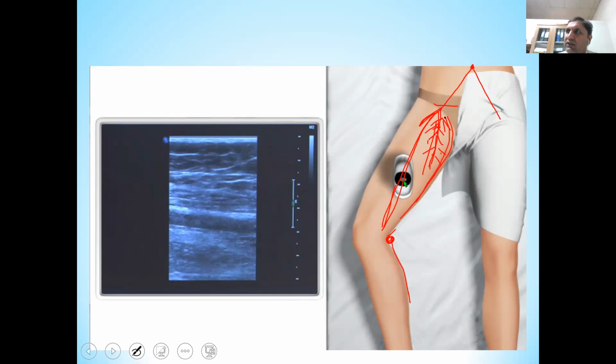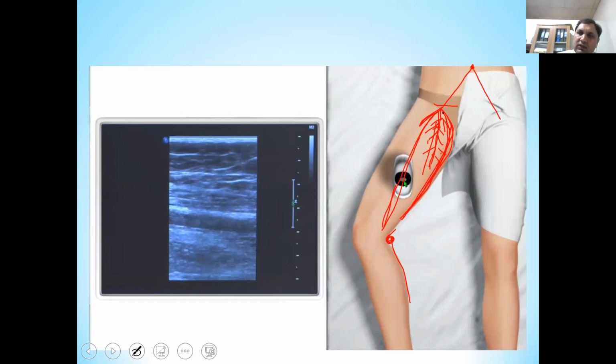The great saphenous vein is joining the femoral vein, and this way they make the saphenofemoral junction at the inguinal crease. So this is the joining of the great saphenous vein and the common femoral vein. Here you can see the great saphenous vein is joining the common femoral vein from the medial side.